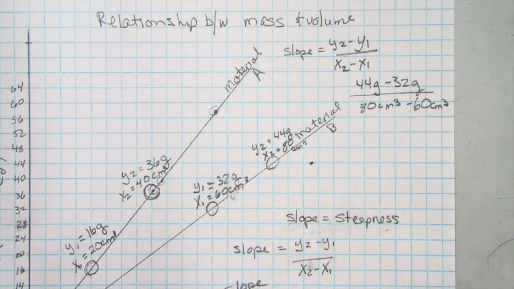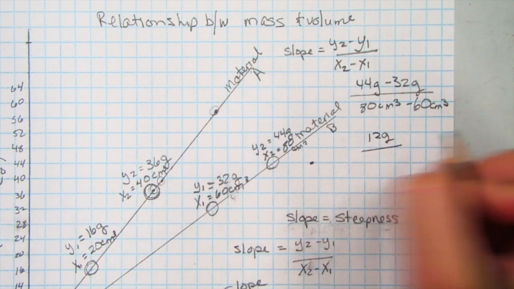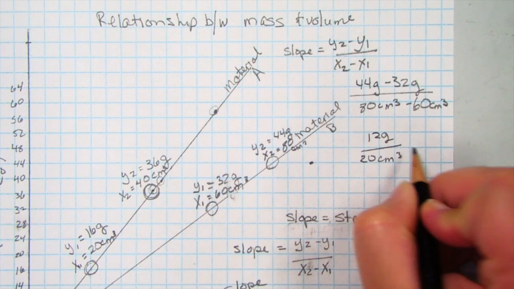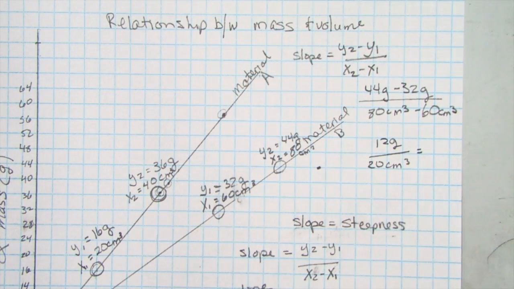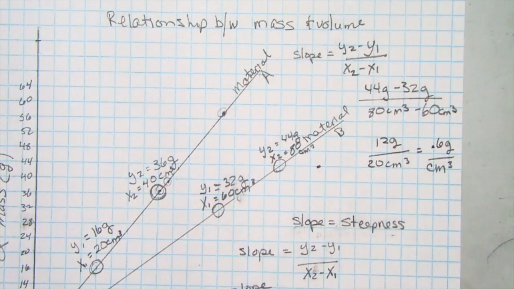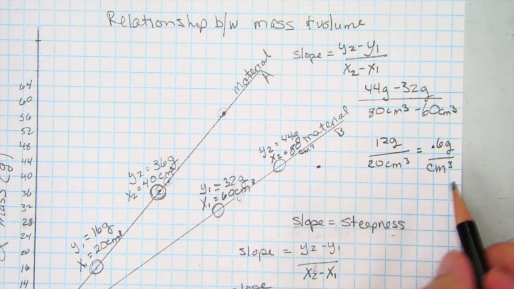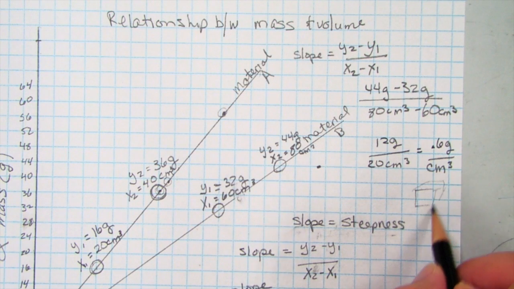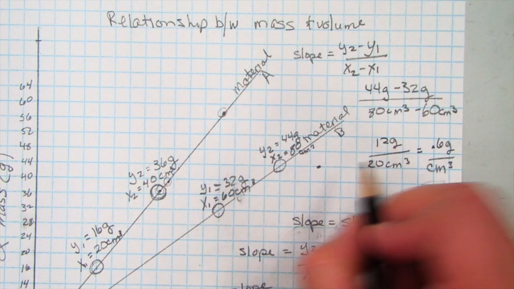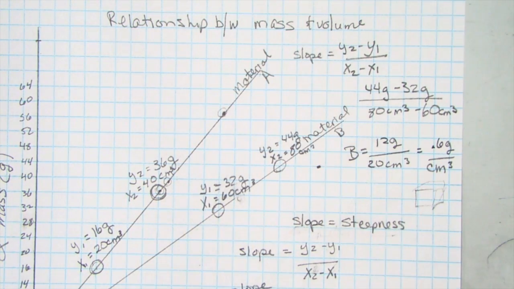So I have 44 minus 32, which is 12 grams, divided by 80 minus 60 is 20 centimeters cubed. Now this is not simplified all the way down yet, so I need to take 12 divided by 20. And I get 0.6 grams for every centimeter cubed. So this time, if I'm holding a 1 centimeter cubed piece of this material, and I put it on the balance, I'm going to have 0.6 of a gram. And this is the slope for material B.